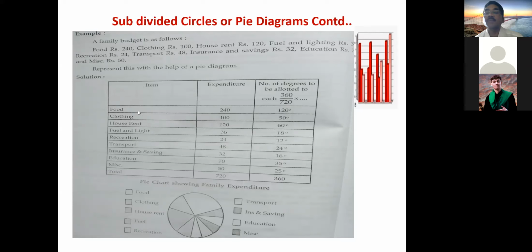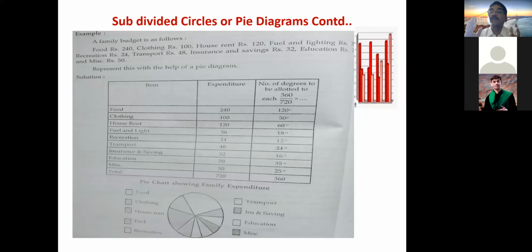How many components are given? 1, 2, 3, 4, 5, 6, 7, 8, 9 components are given. So for all these 9 components, the expenditures are different from one component to another. The measurements are different. That is why, on the basis of measurement, we need to calculate the degrees out of 360.